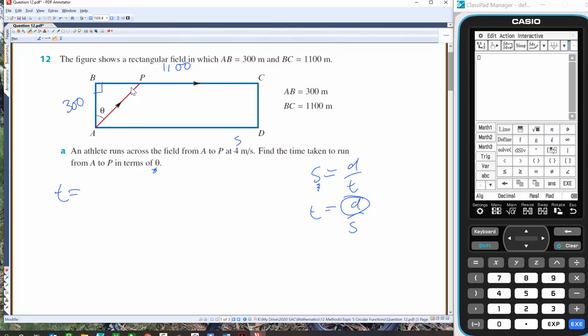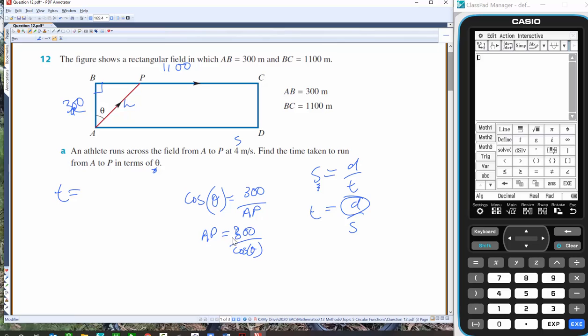Well, that there is a right angle triangle. This is the hypotenuse. So we've got the adjacent over the hypotenuse, that's cosine theta, is equal to the adjacent 300 over the hypotenuse, which is AP. AP is equal to 300 over cosine theta.